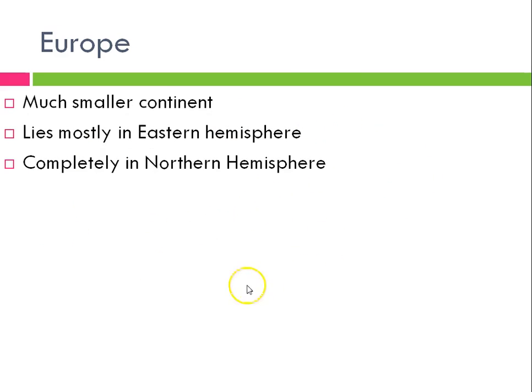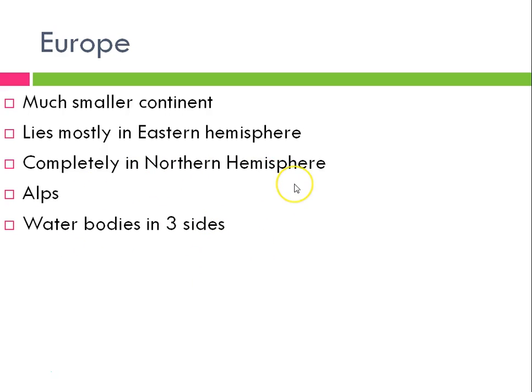Completely in Northern Hemisphere, we have already seen that one. Famous mountains, Alps mountain, right? Tour de France, remember this thing, water bodies in three sides. On the northern side you have Arctic Ocean, on the western side you have Atlantic Ocean, and on the southern side you have Mediterranean Sea.